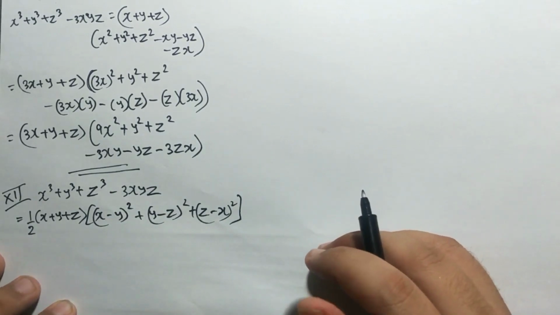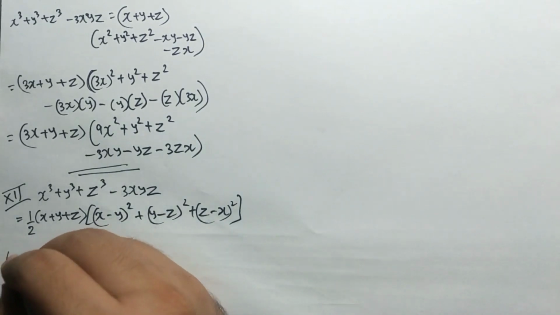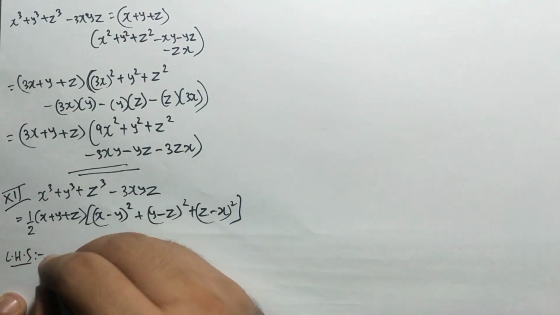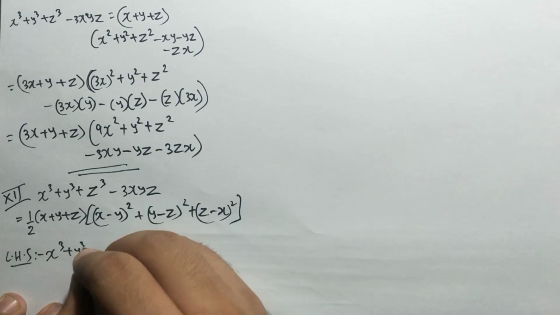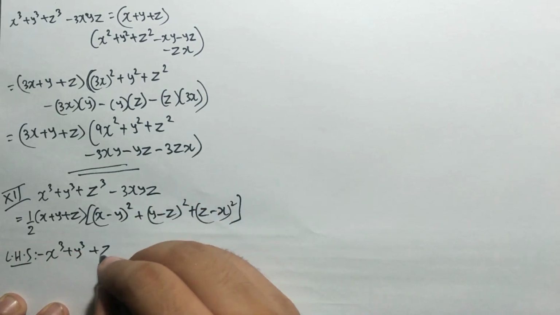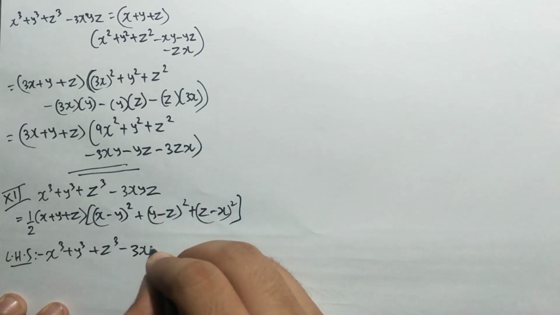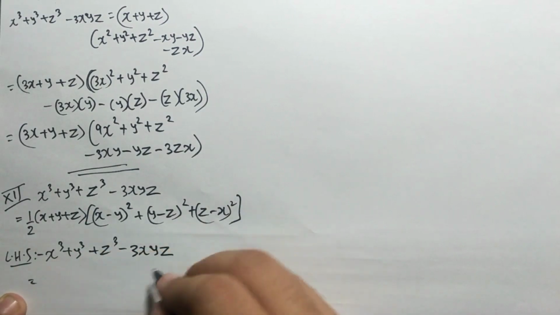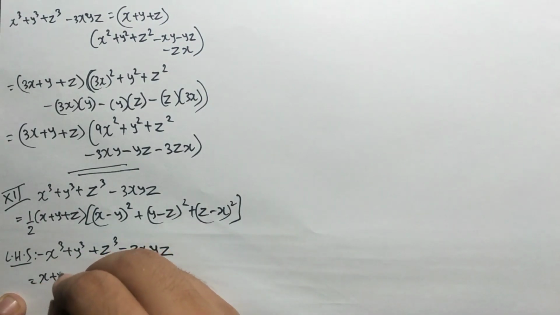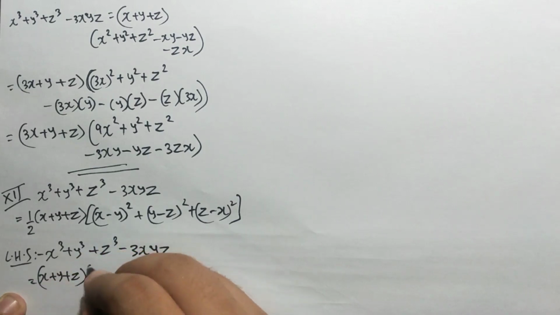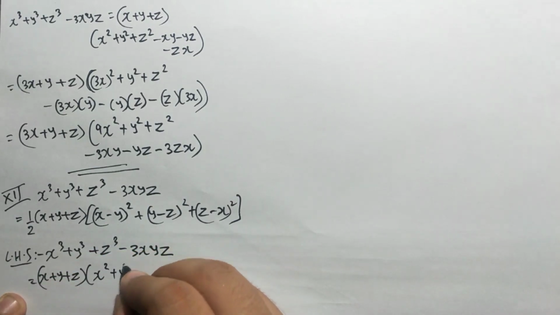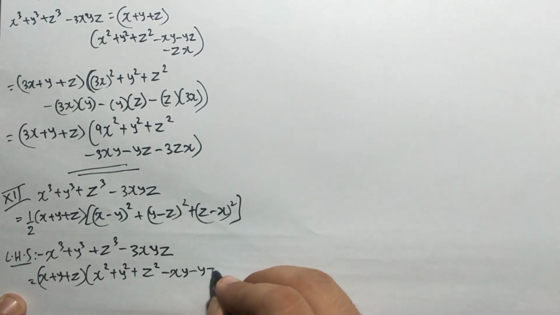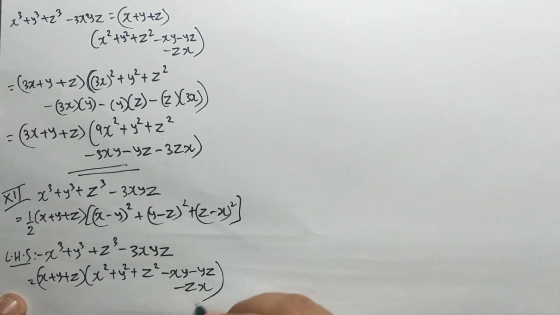This is the question. So first of all, I am writing the LHS. The LHS is my identity, that is x cube plus y cube plus z cube minus 3xyz. This is my identity. What is the answer of this identity? x plus y plus z into x square plus y square plus z square minus xy minus yz minus zx.